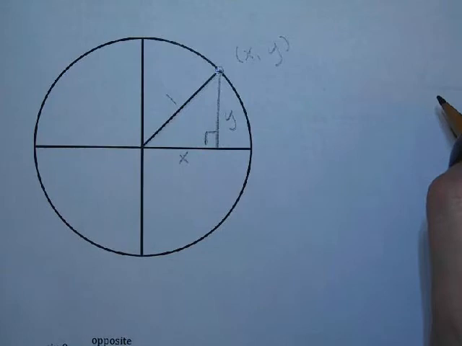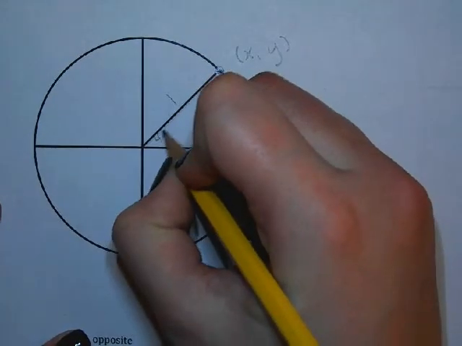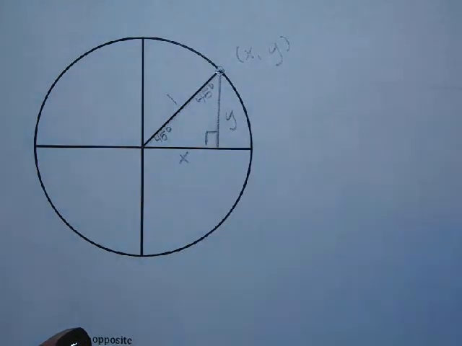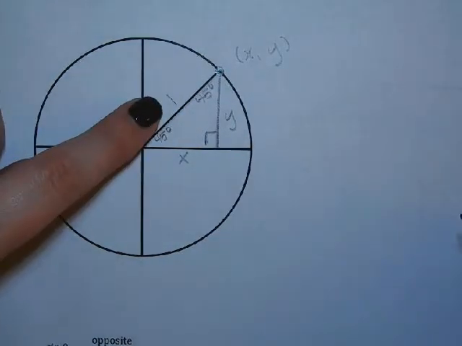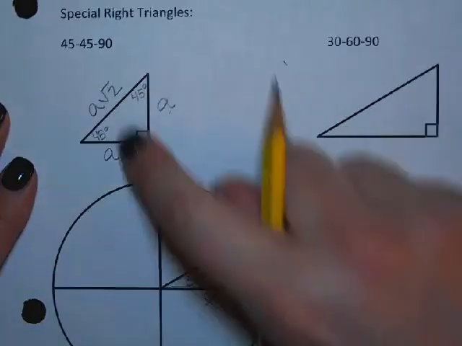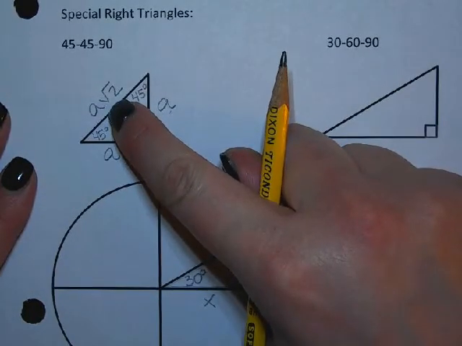Okay, so we have a 45, 45, 90 triangle. And the 1 is the radius of the circle, which is also the hypotenuse of the triangle. And if you look at the front of the page, the 1 equals the a square root 2 side. Would we agree with that?